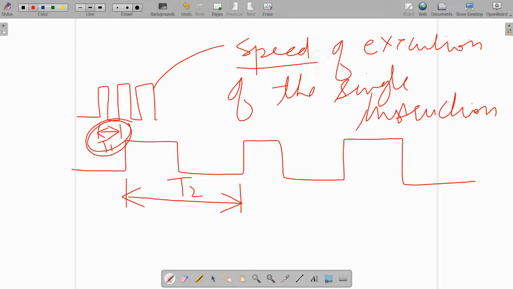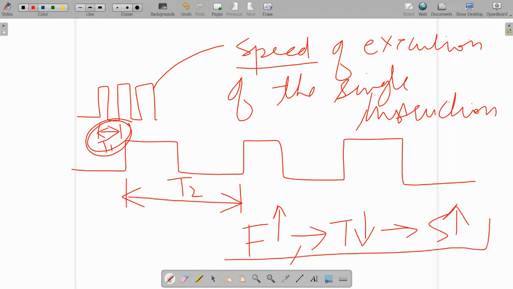So always remember, f greater implies time lesser, implies speed more. Is it fine to everyone? The relationship between the frequency, time, and the speed of execution of the single instruction. Yes, yes or no? Yes, sir.